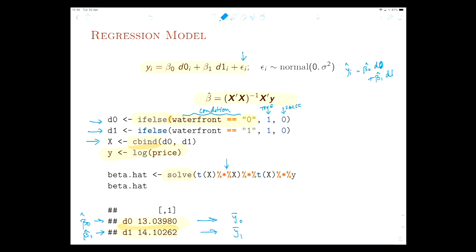Sorry? We'll come to that. I'll come to that in a couple of minutes. So the question was, why don't we have an intercept term? And I'll come to that question in just a few minutes. Okay. But getting back to this one, we can see that our fitted regression model looks something like that.